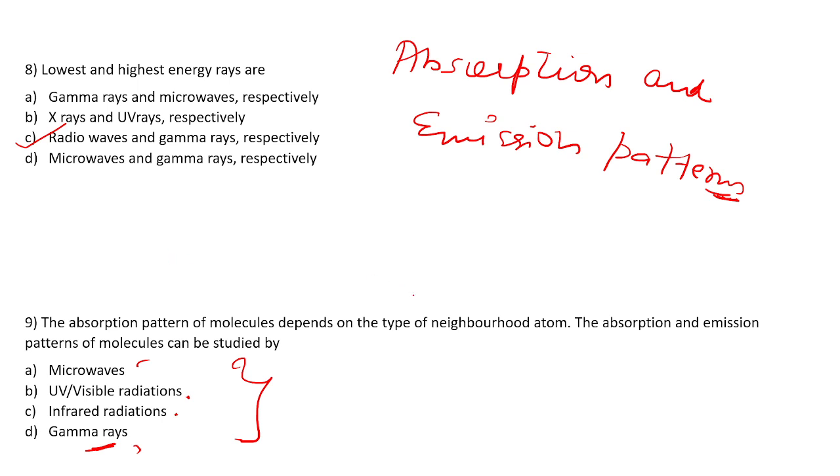Now, for studying the absorption and emission pattern, absorption and emission will come only when an electron moves from its lower energy state to a higher energy state. When it is moving from a lower energy to a higher energy, it is absorbing photons. When it is returning from higher energy to lower energy state, it is emitting that photon. So then only you will have absorption and emission patterns.